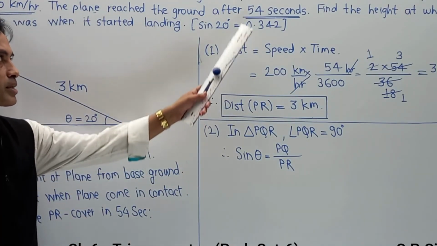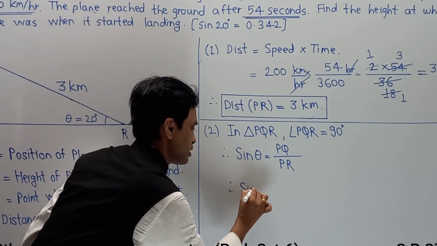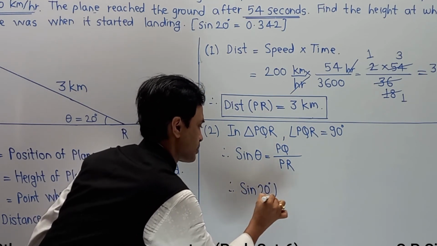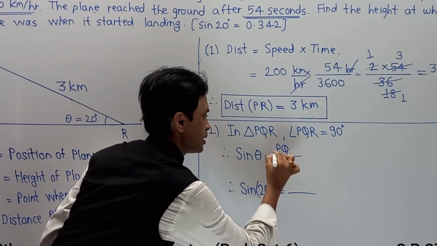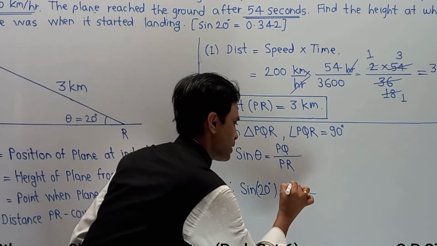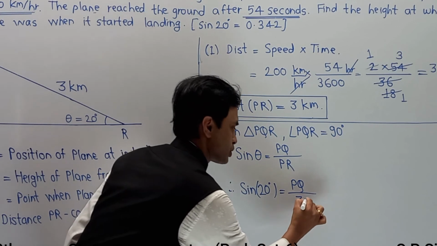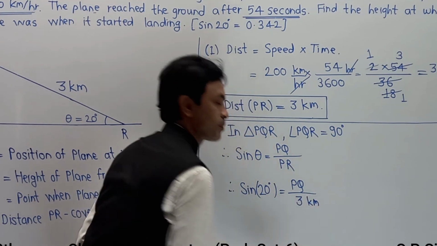Sine theta is nothing but sine 20, so sine 20 degree is nothing but PQ, that we want to calculate, and PR, that is 3 kilometer. So it becomes PQ upon 3 kilometer. So this is actually the value in kilometer.